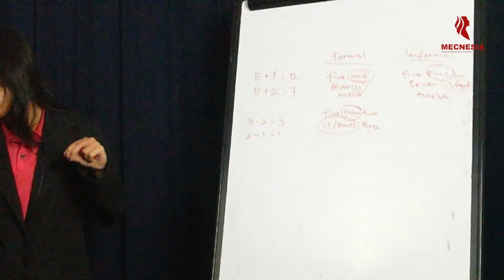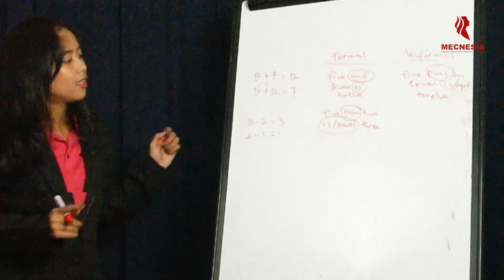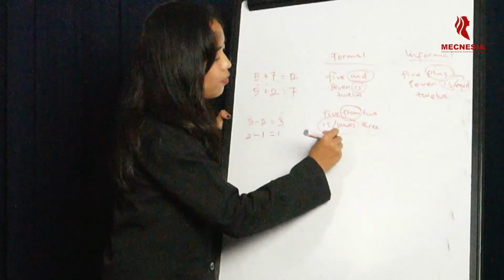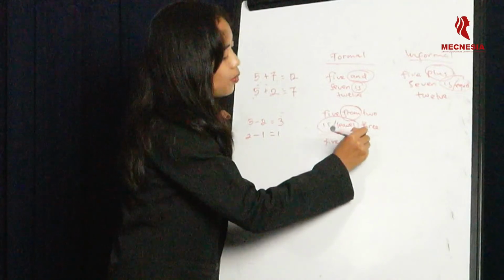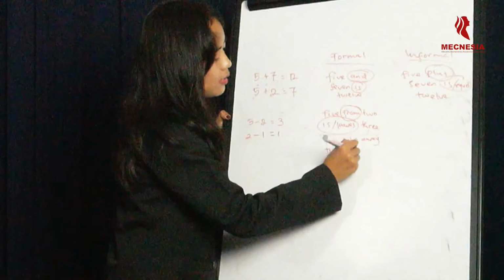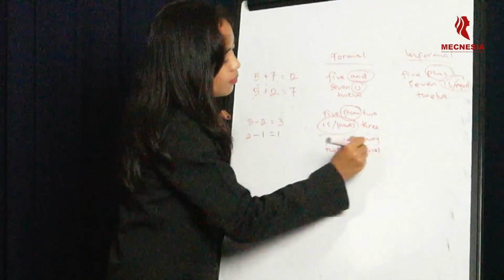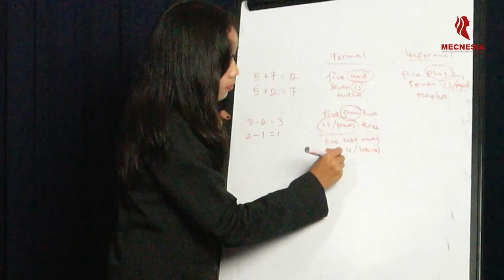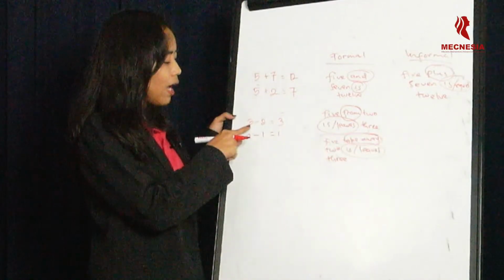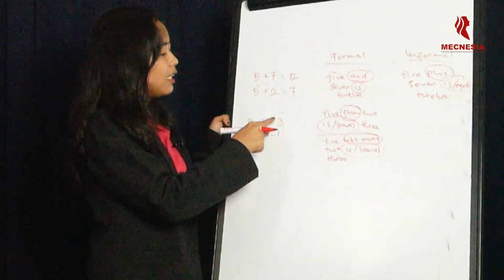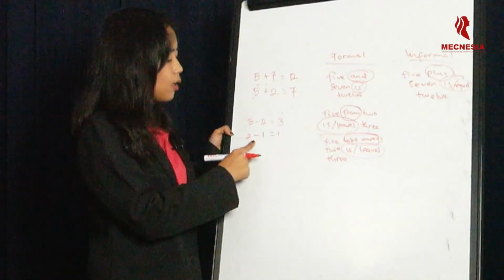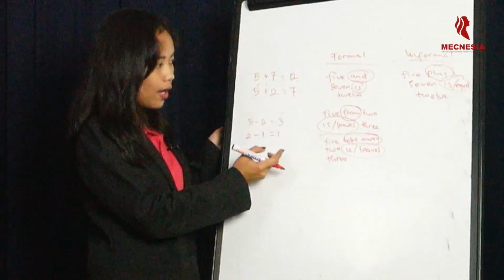Next, the second way, you can use take away and leaves or is. 5 take away 2 is or leaves 3. Okay, 5 take away 2 is 3. 2 take away 1 leaves 1.